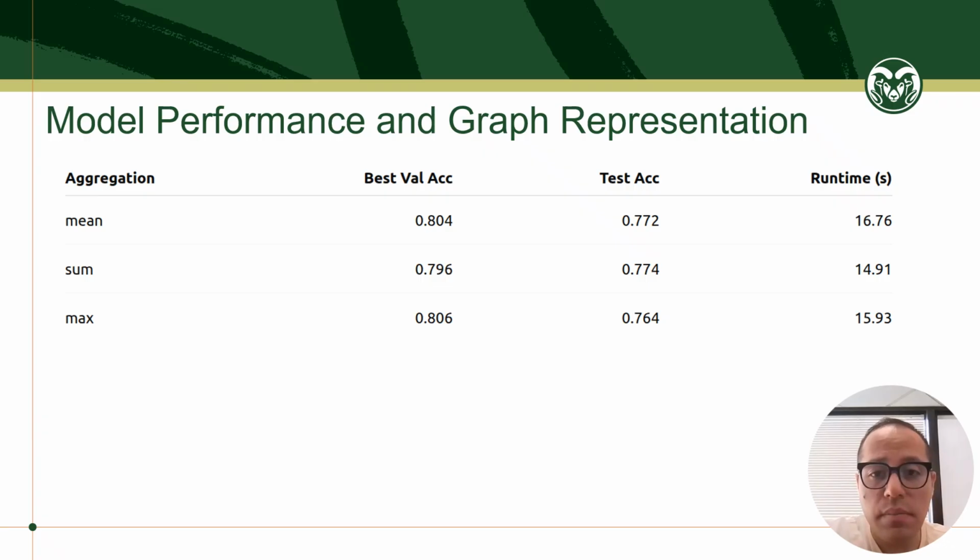Mean was also competitive and remained close to the other two, although the differences were not dramatic. They are still important because they show that aggregation is not just a small implementation detail. Even within the same architecture, the choice of how neighbor information is combined can affect both generalization and efficiency.